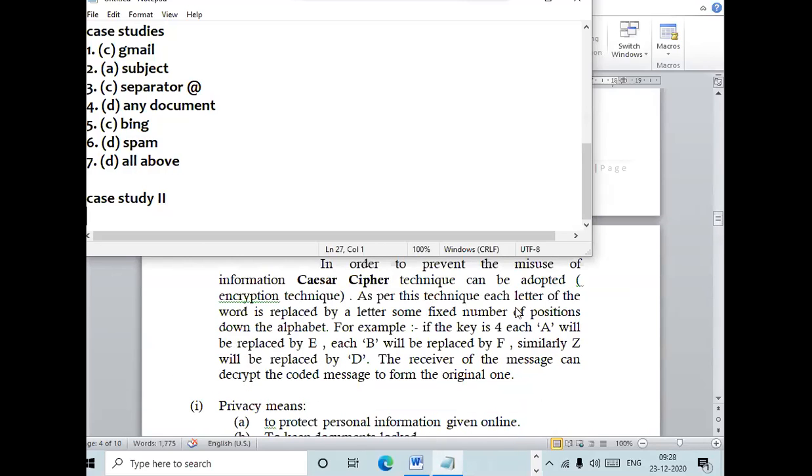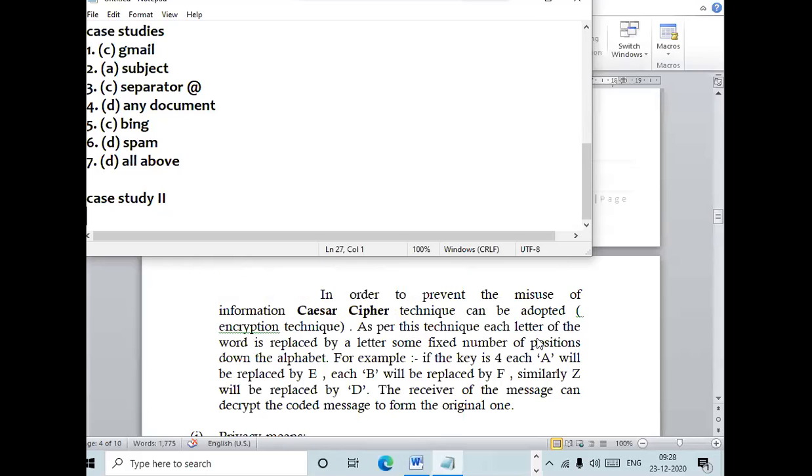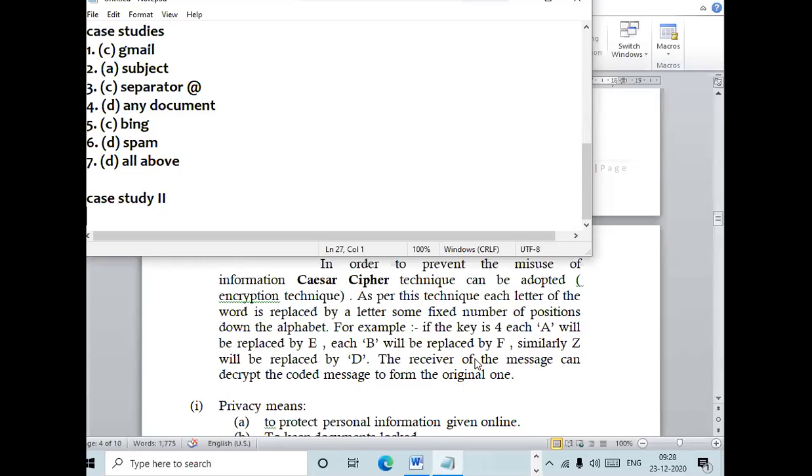In order to prevent the misuse of information, Caesar-cipher technique can be adopted. As per this technique, each letter of the word is replaced by a letter some fixed number of positions. So, example has been given to you. Let us start the MCQs.